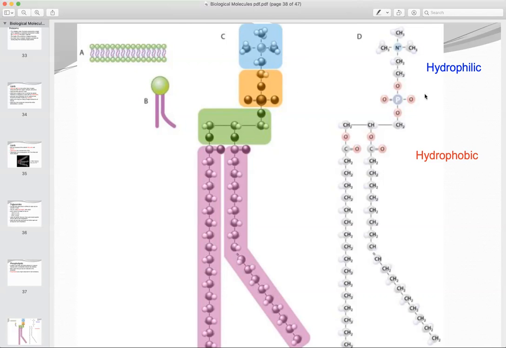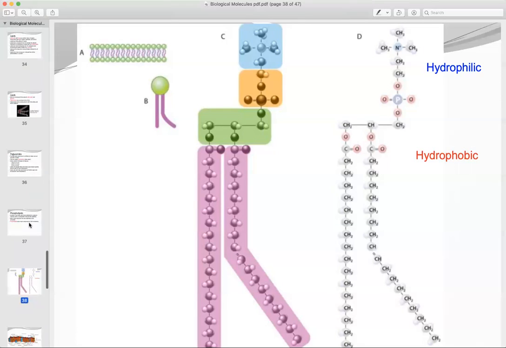So we've got these polar hydrophilic heads that interact with the aqueous environment, right? But then we have these hydrophobic tails that are going to be tucked into the middle, okay, of this bilayer, right, away from water, right? So we have a phospholipid bilayer as the major structure of the cell membrane.